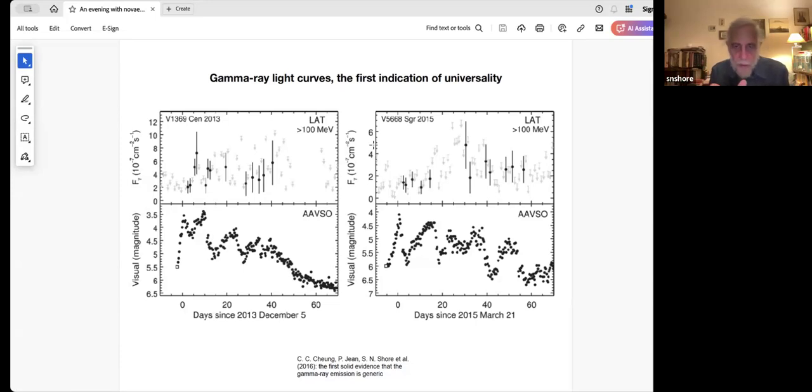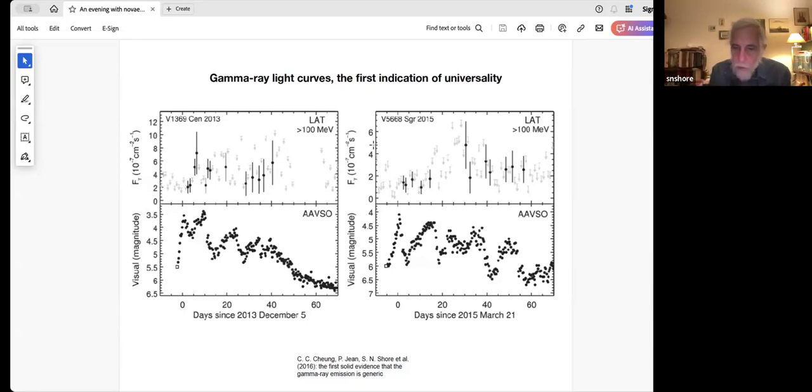In this field, people literally fight duels over which one of these is going to be the explanation. What's important as a bottom line is the presence of gammas is perfectly expected. There probably are both processes acting, that is, electrons and protons. There may even be some nuclear line emission because of the residuals from the nuclear reactions at about an MeV that go back to predictions from as early as the 1970s.